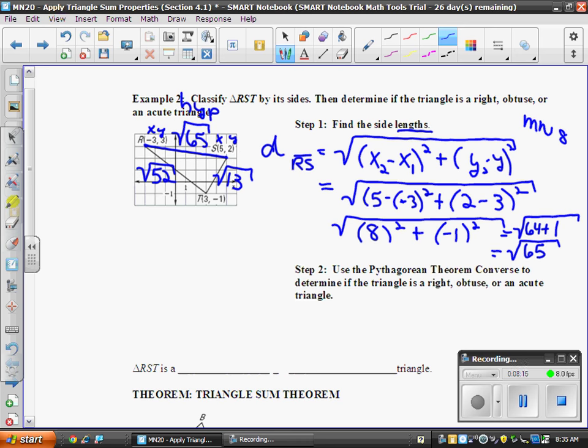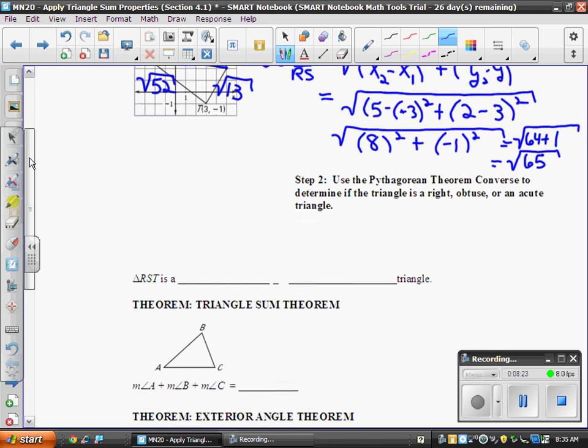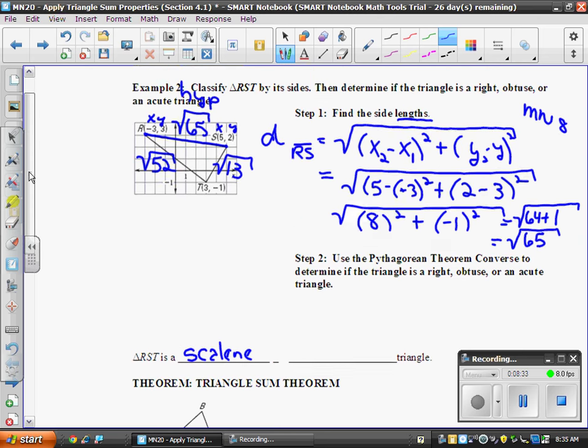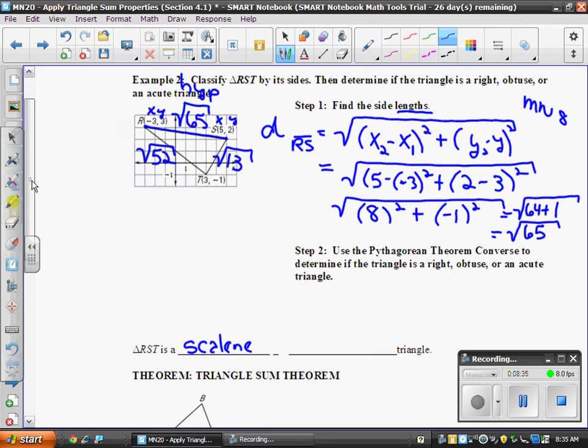So looking at this, you have to decide whether this is a scalene, isosceles, or equilateral triangle. And since none of the lengths are congruent, we're going to classify it as a scalene triangle.